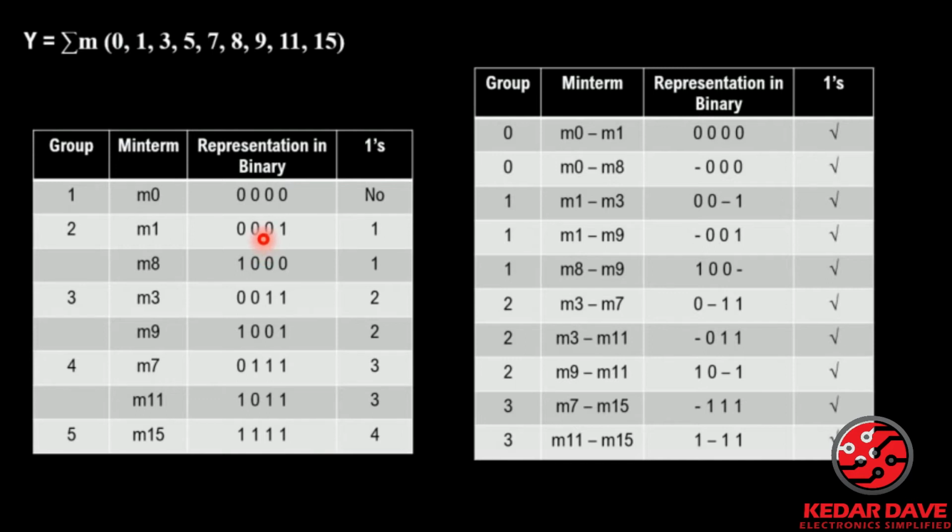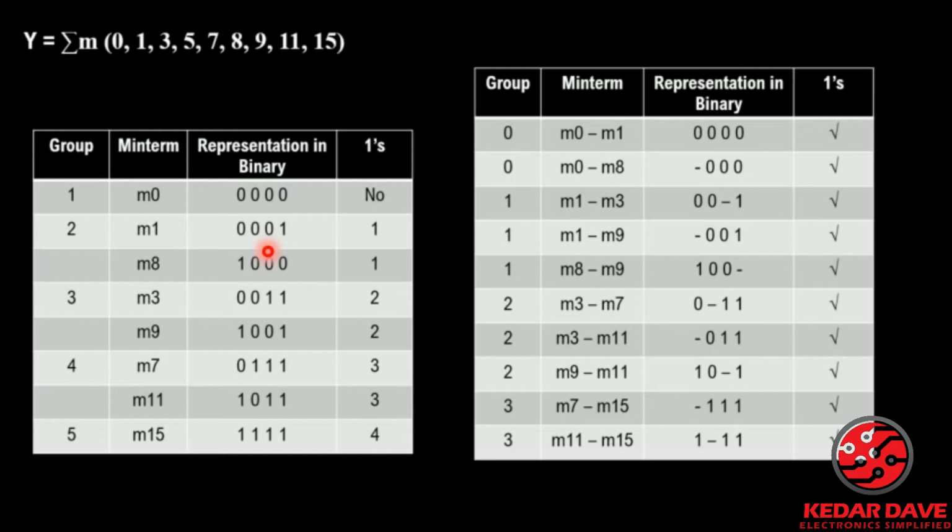And now the main work will start, right? I hope all of you are clear up till this. We have just done a single job, that is our grouping technique, by having the same number of ones, right?